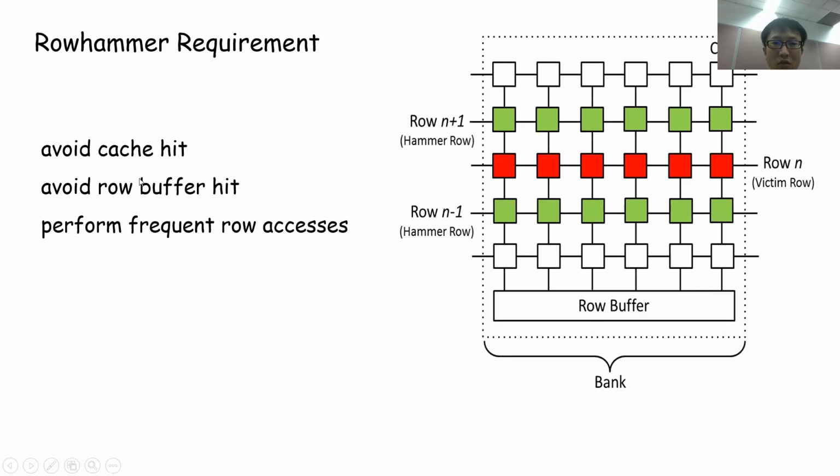Secondly, the attacker has to avoid the row buffer hit, and the memory accesses have to go to the DRAM rows directly, and this can be achieved by accessing rows N+1 and N-1 in turn to clear the row buffer. At last, the attacker has to perform frequent row accesses to rows N+1 and N-1 before the DRAM refresh comes. By doing so, the attacker can induce permanent charge leakage in row N.